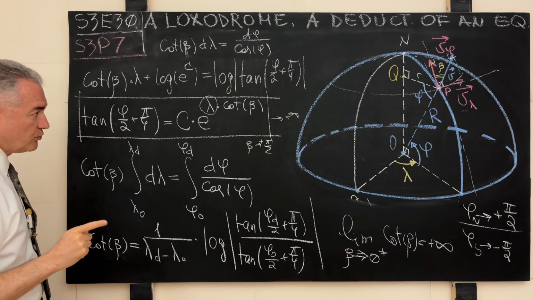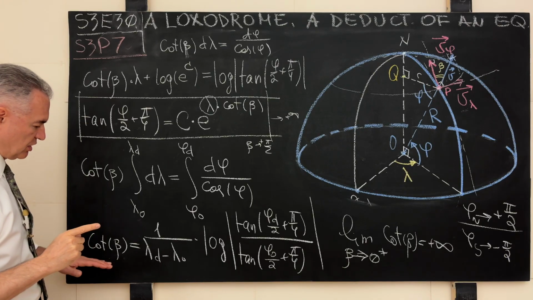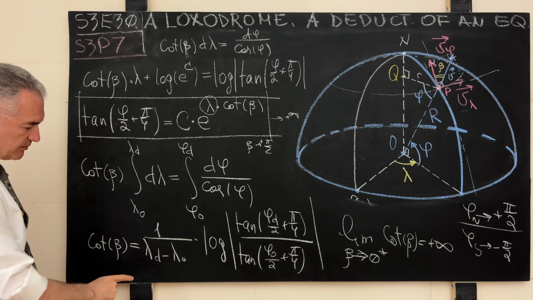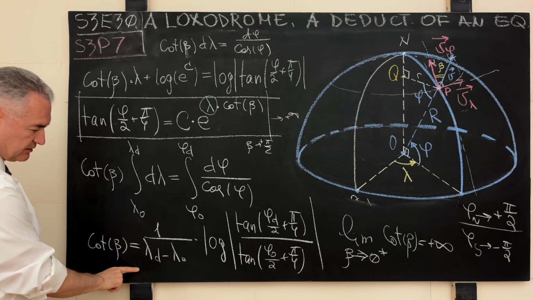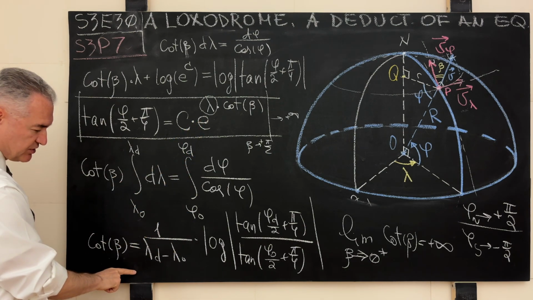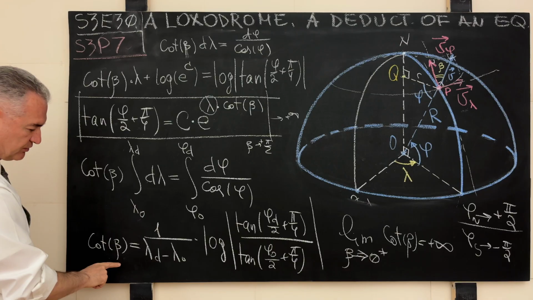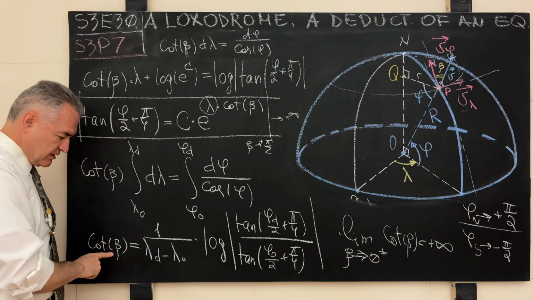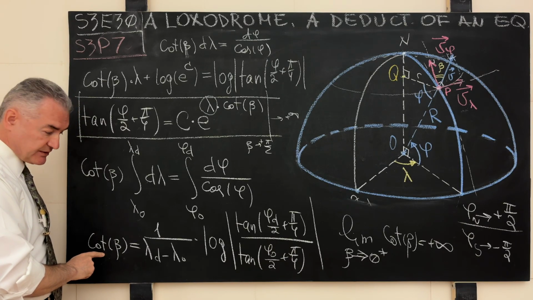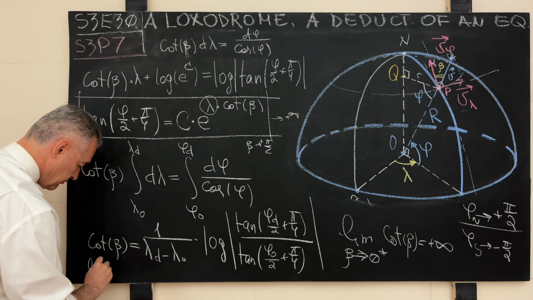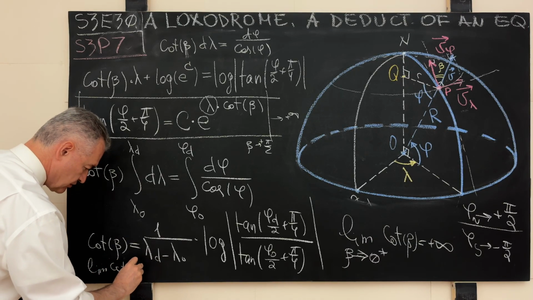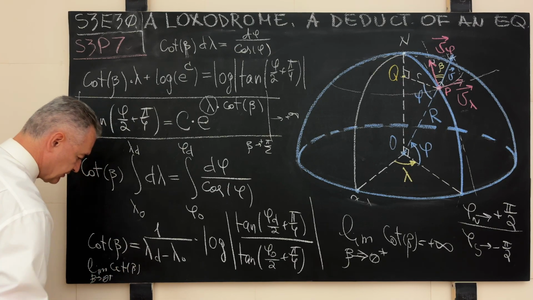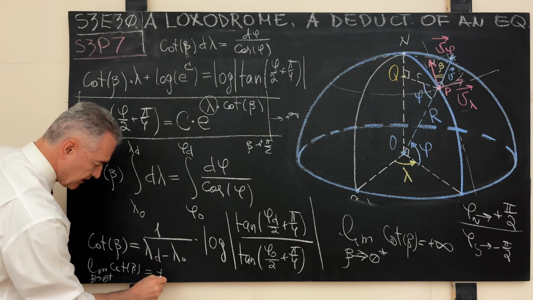And for my previous research, for the case when the angle beta is 0, perhaps this form of the expression that describes the shape of the Loxodrome is more advantageous, because when the angle beta is 0, then look at this. In the limit, again, we get positive infinity over here. So in the limit of cotangent of beta, when beta tends to 0 staying positive, this will be positive infinity.